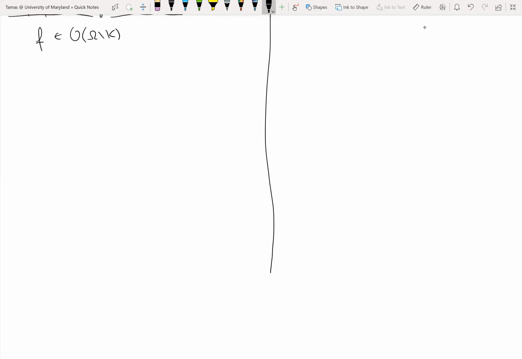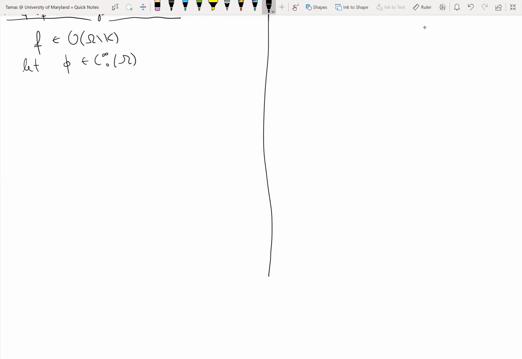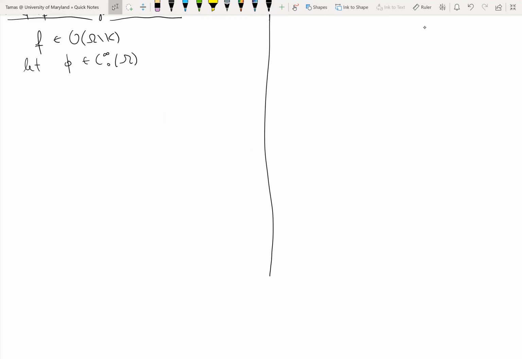All right, so now pick a bump function on K inside omega. So let phi be a smooth, compactly supported function on omega, such that obviously phi is positive and phi restricted to an open neighborhood of K is identically equal to 1.